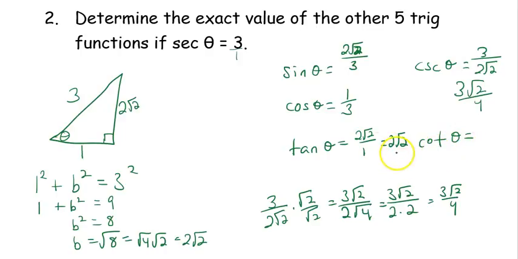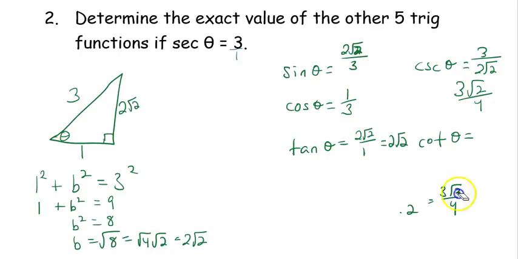The cotangent is going to end up in a similar way, so I'm going to erase and get myself some room. And I'm going to take it back to this fraction to flip. So I'm going to have 1 over 2 square roots of 2 for my cotangent. That's what I have, but again, it needs to be rationalized.